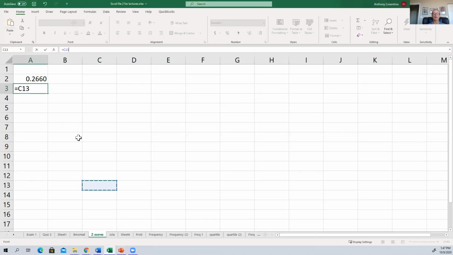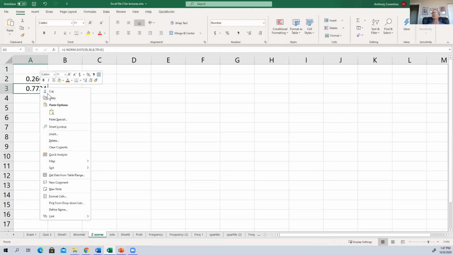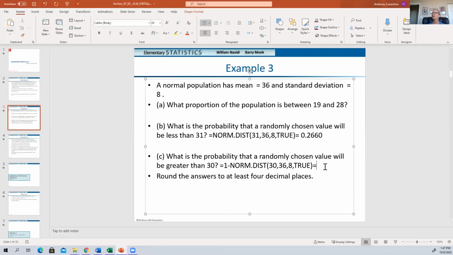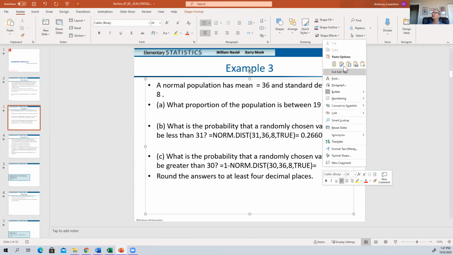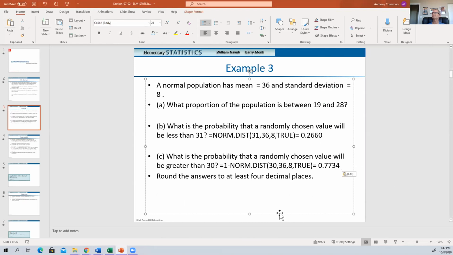So if I copy it again, I could just paste the number. There we go. So if you go back to our whiteboard, what do we have?